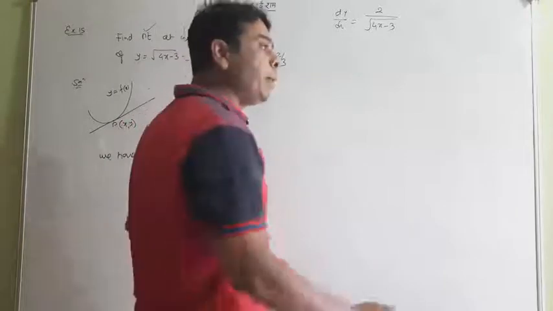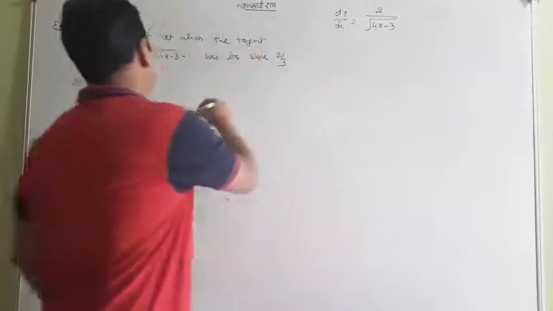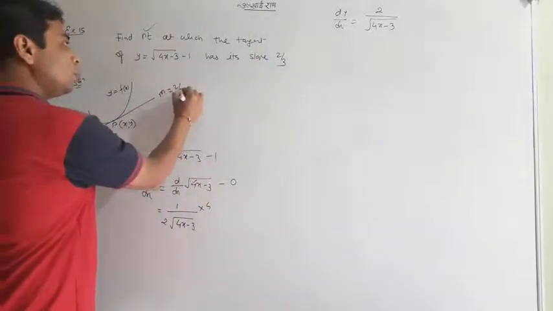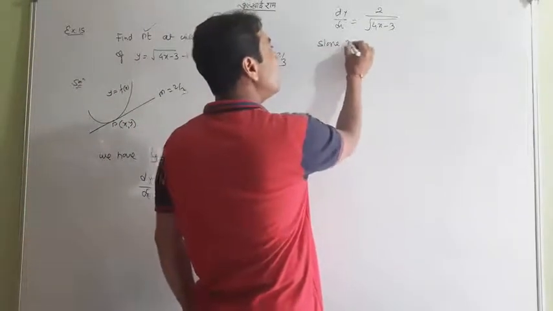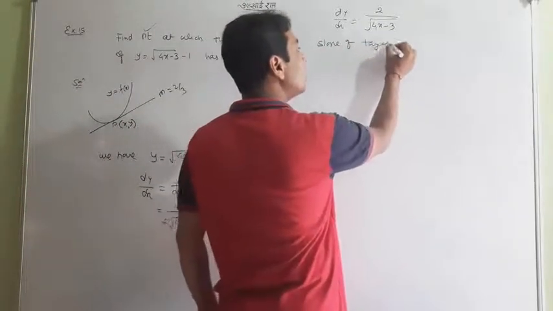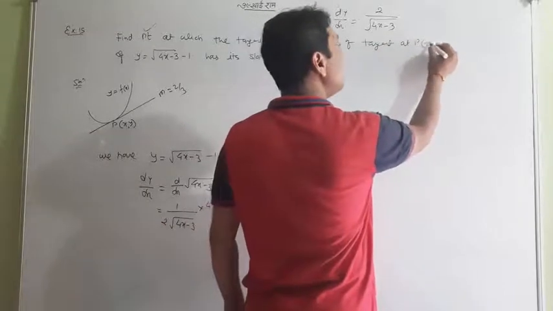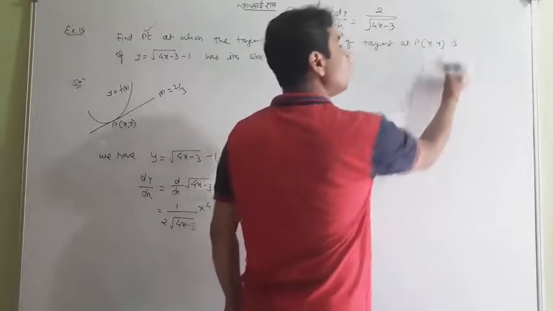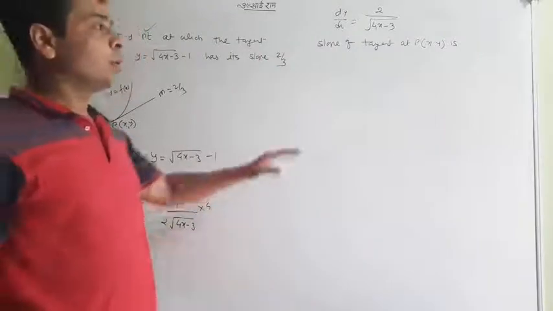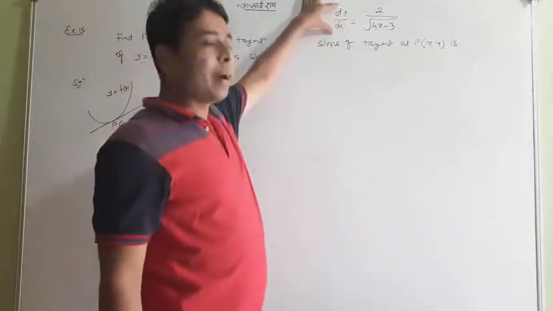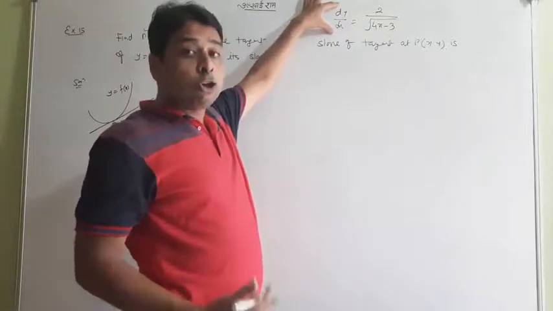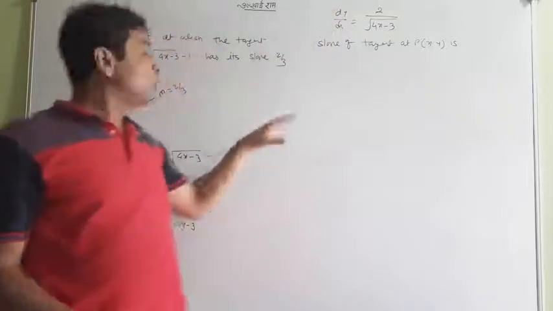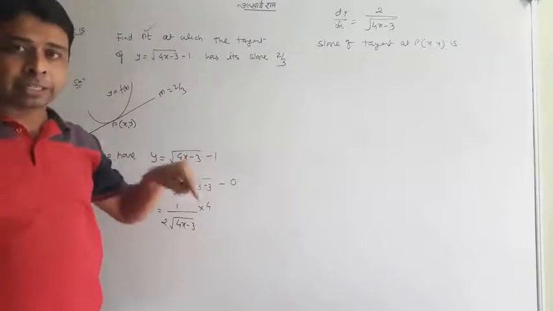The slope of the tangent, meaning m, was given, which is 2 by 3. I'll write here: slope of the tangent at P(x, y). This time you should know that dy by dx is none other than the slope of the tangent when you put the point of contact in it.